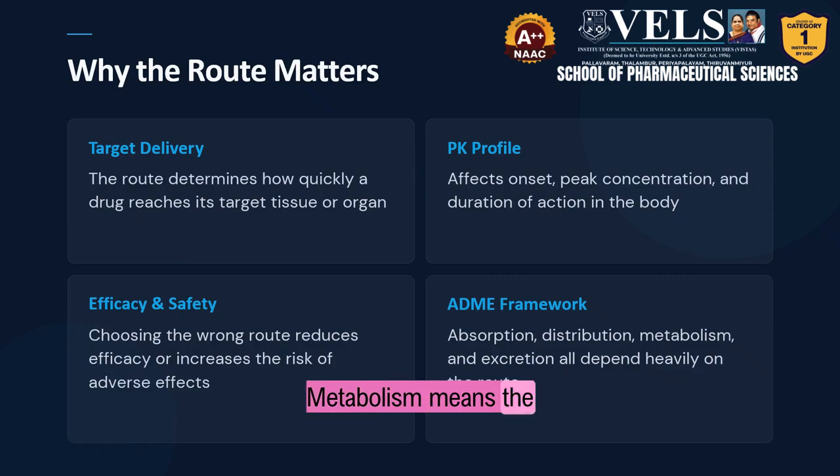Metabolism means the chemical modification of the drug, mainly in the liver, although other tissues can also contribute. Excretion means the removal of the drug and/or its metabolites, mainly through the kidney. The route of administration can strongly influence these processes.